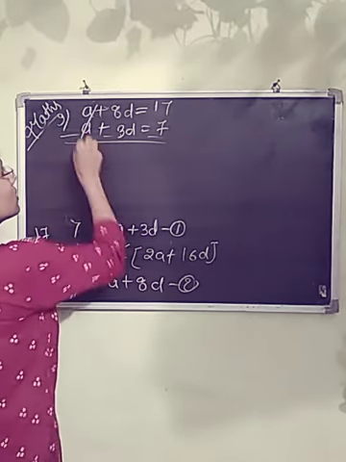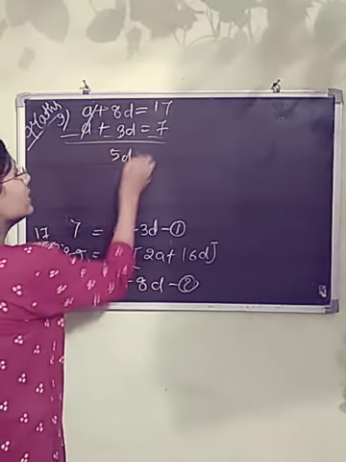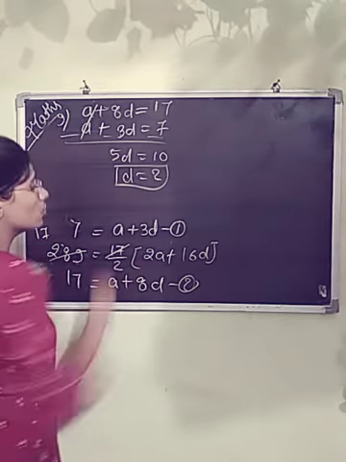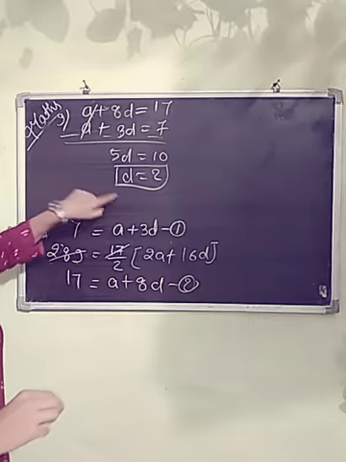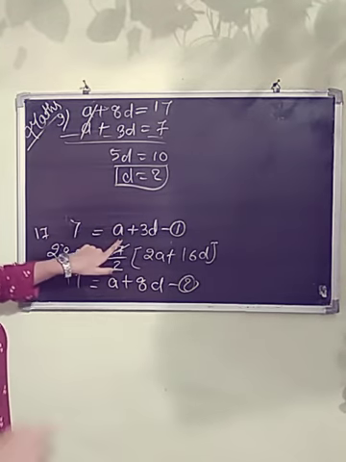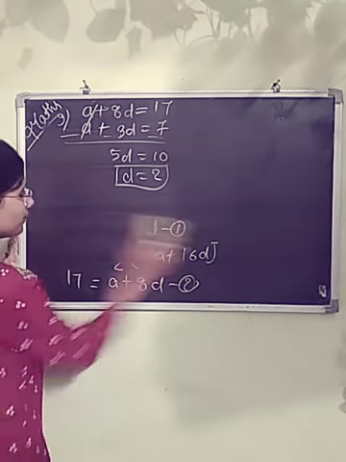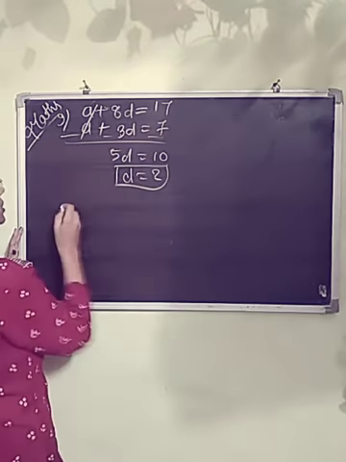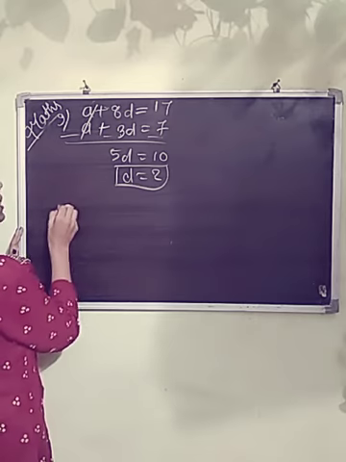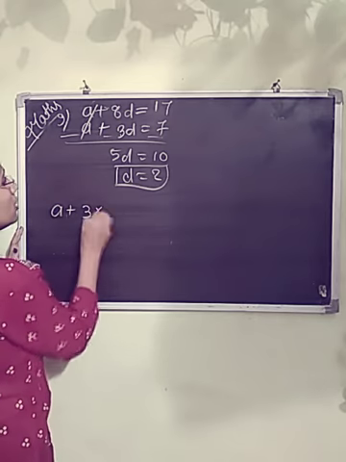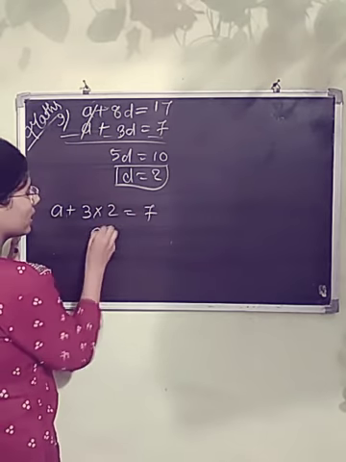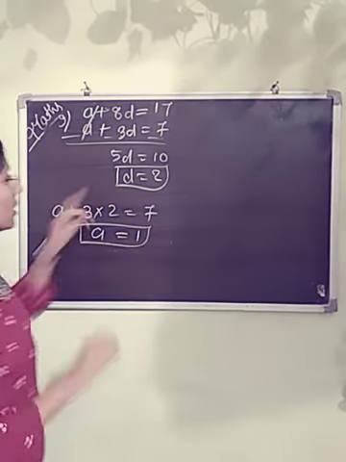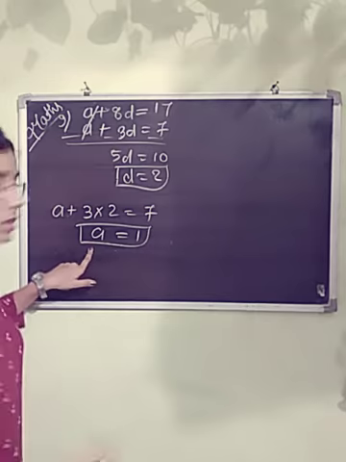Now 5d equals to 10 and d equals to 2. d we have. Now we want a, the value of a. We will put in this equation the value of d. So a plus 3 into 2 equals to 7, and a will be 6, and when you subtract, a equals to 1.